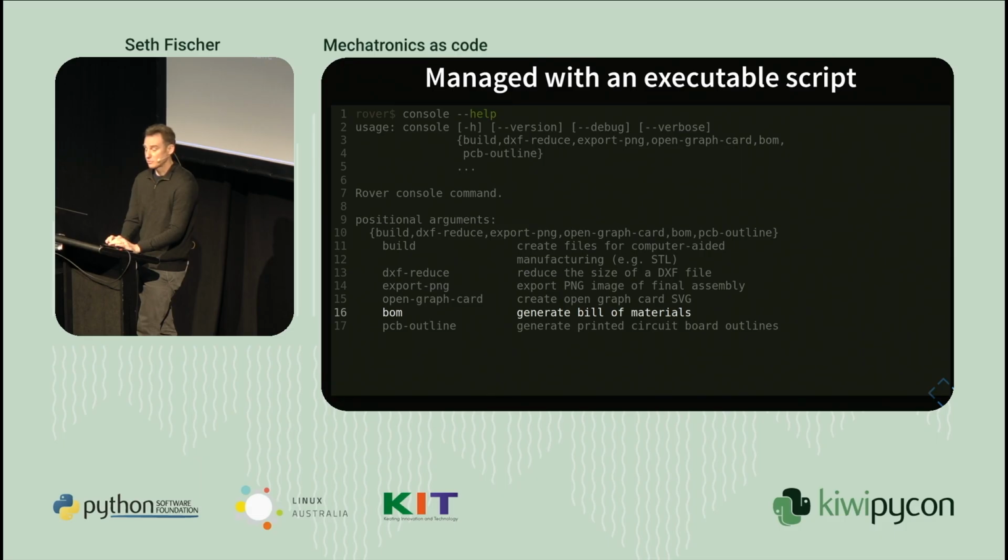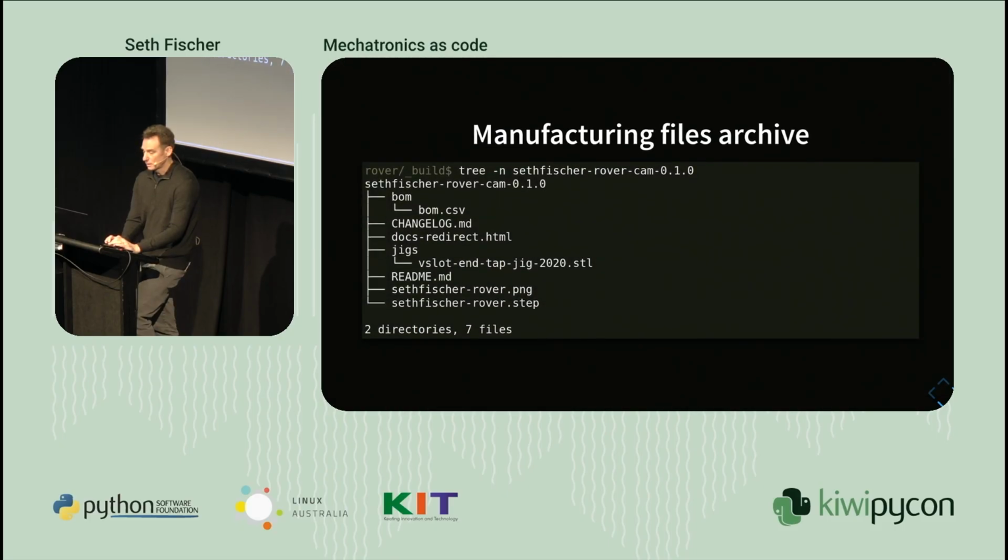There's a sub-command for generating a bill of materials, and I have a sub-command here which generates the PCB outline for one of the PCBs. That same command generates a manufacturing files archive containing the bill of materials, files for 3D printing and some CAD files.